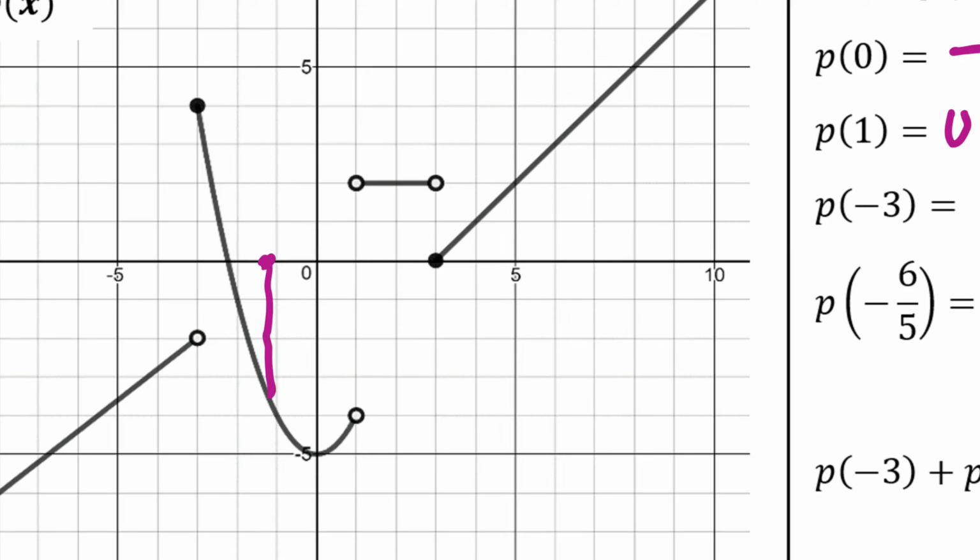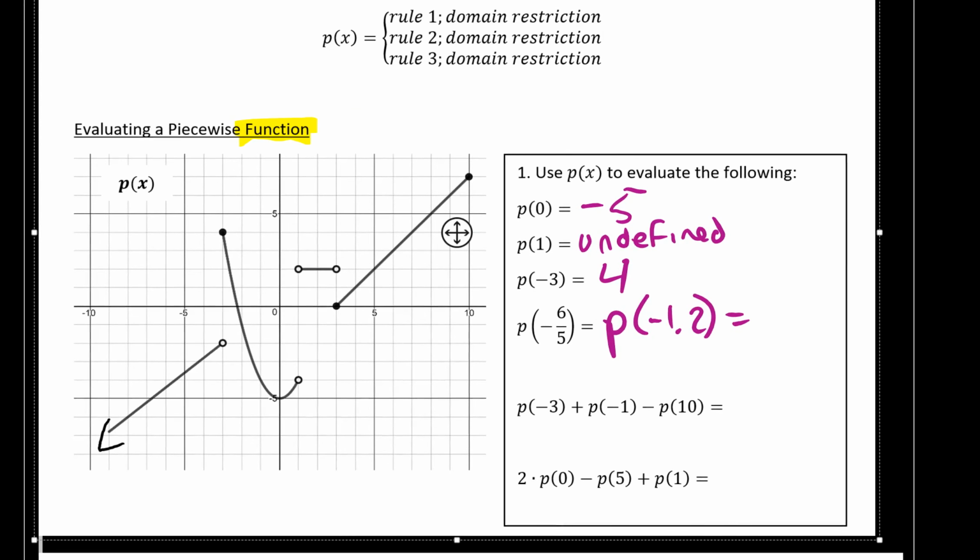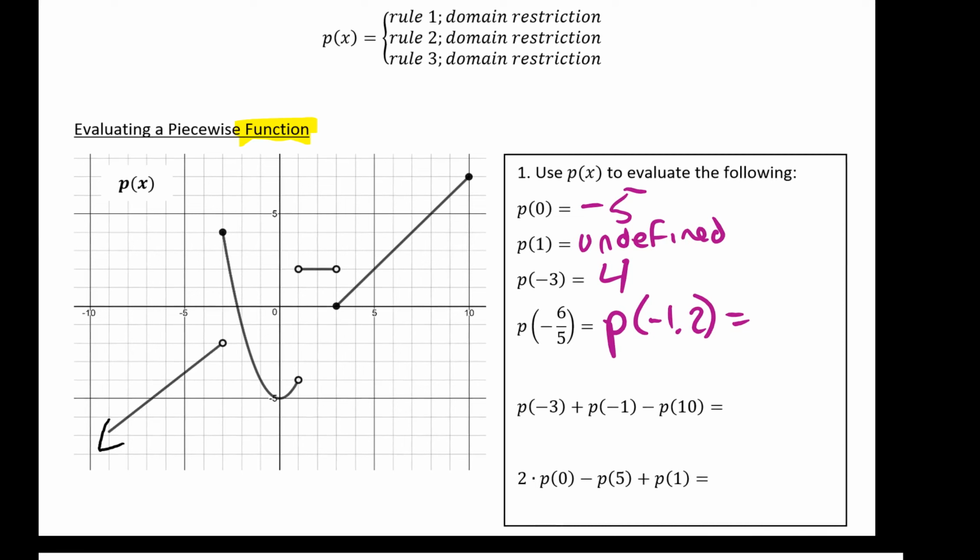Wait, are you sure? 4.3? So you guys, okay, I like what you said. Negative 3 point something. Why do you say it like that? Because you can't be sure, right? When you're given just a graph, are you going to get an actual, very exact value here? No, so what we're going to say for this right now is that we can't get an exact value.